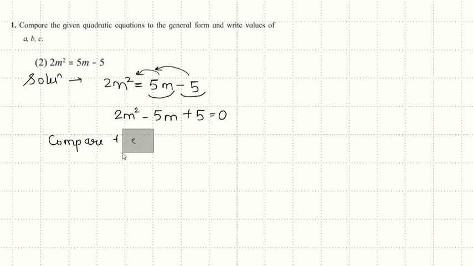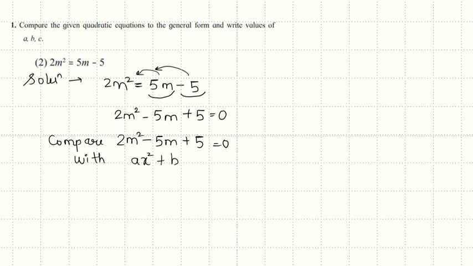As it is in general form now, we can compare 2m square minus 5m plus 5 is equal to 0 with ax square plus bx plus c is equal to 0.